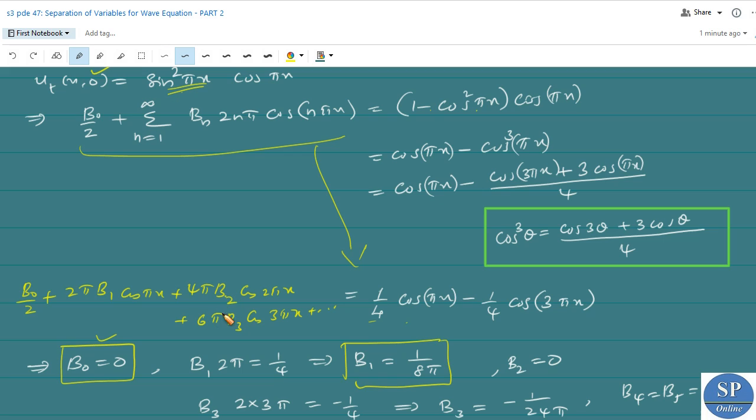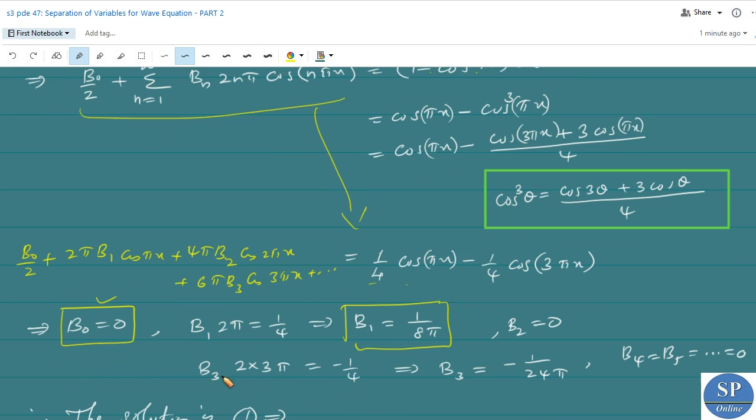And 4 pi b2 is the coefficient of cos 2 pi x, which is 0 because there is no term for cos 2 pi x, so b2 equals 0. And what about b3? To find b3, we have 6 pi b3 into cos 3 pi x equal to minus 1/4.